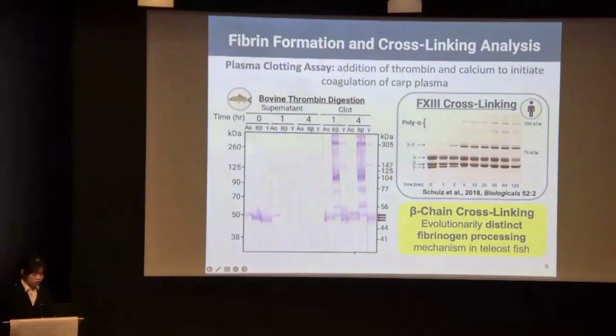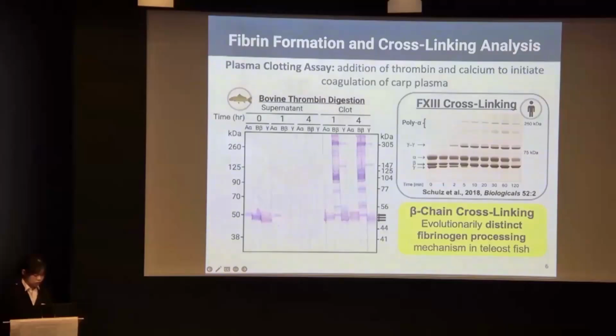When we induced the coagulation, we see in the Western blot the original size of the fibrinogen subunits before thrombin addition.